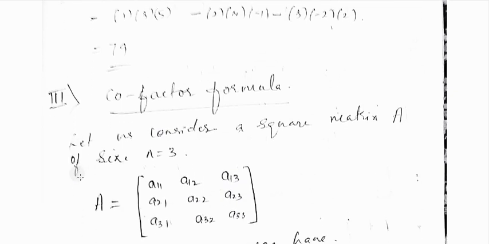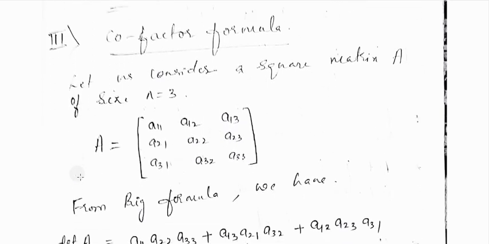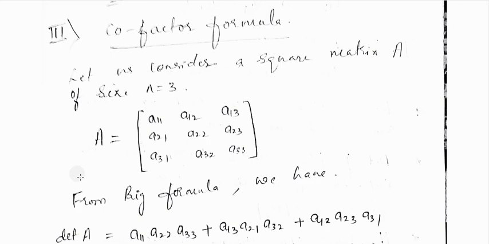So let us move on to the next formula, which is the cofactor formula. This is a very important formula. While defining the determinant, I have used this definition only to expand the determinant, for 2 cross 2 and 3 cross 3. To expand the determinant, we consider the cofactor formula. So how to find the cofactors of all the entries of A, then how to find its determinant?